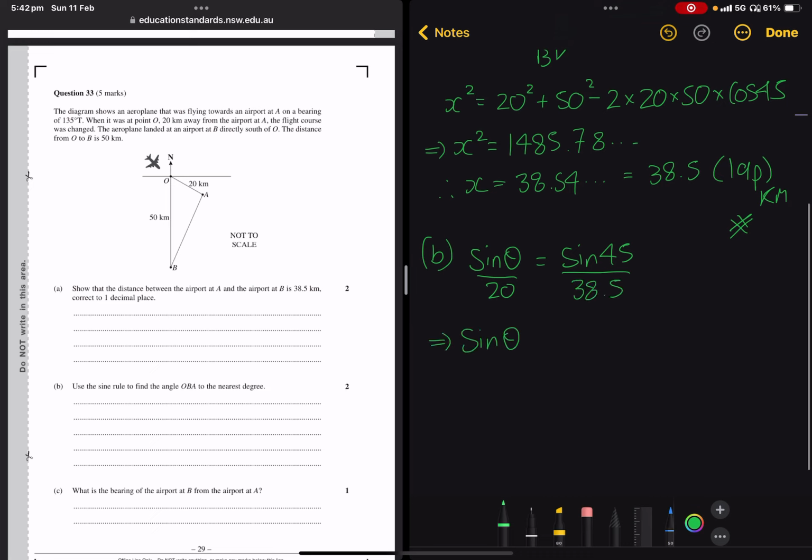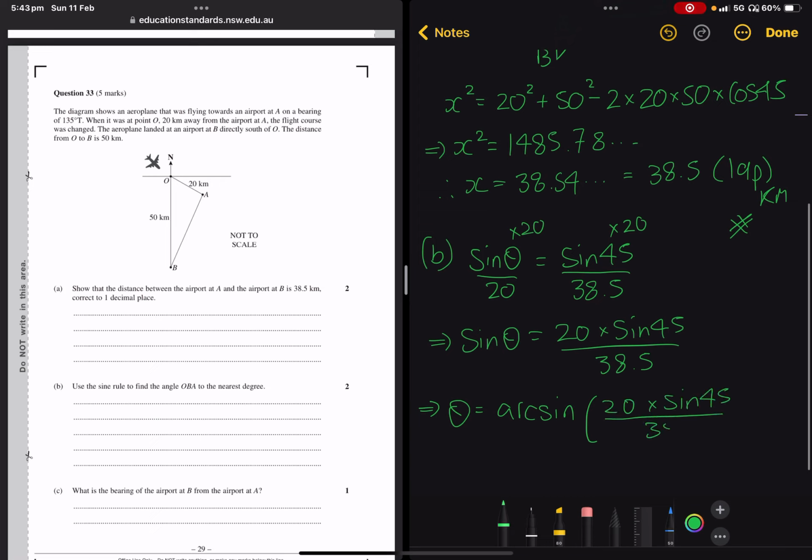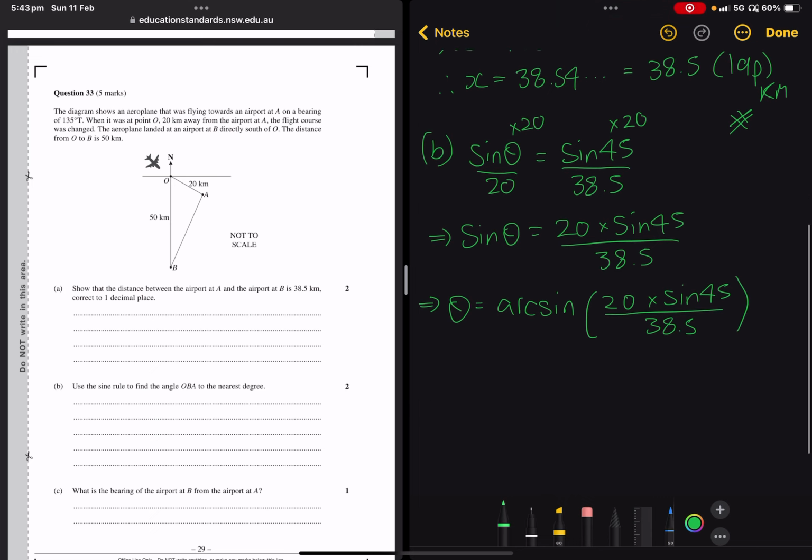This implies that sine theta, we multiply both sides by 20, is 20 times sine 45 over 38.5. If we apply the arc sine, this tells us theta is equal to the arc sine of 20 times sine of 45, all divided by 38.5. So therefore, theta, and we need to be careful to round to the nearest degree because the question does specify this, is, in our calculator, shift sine of 20 times sine 45 divided by 38.5.